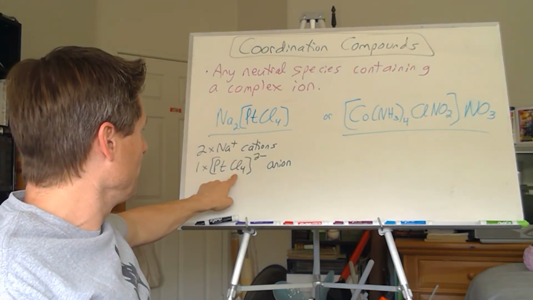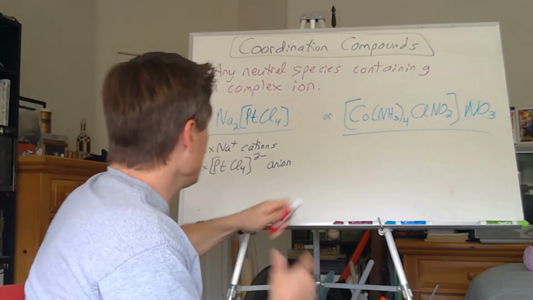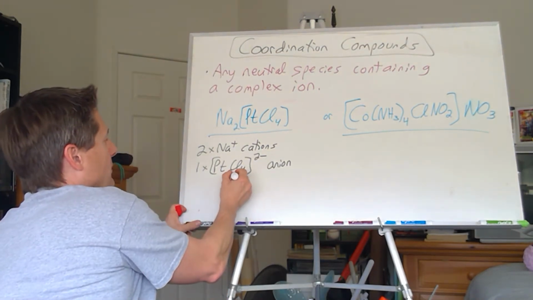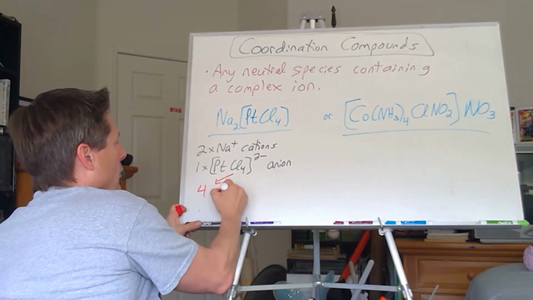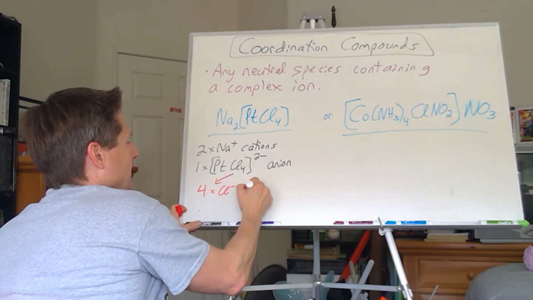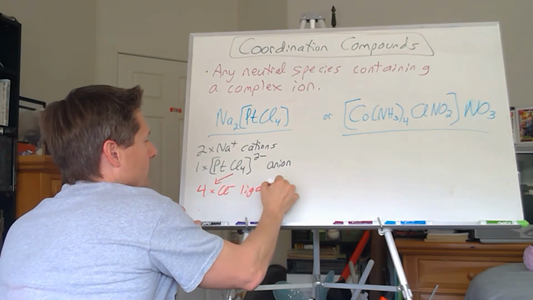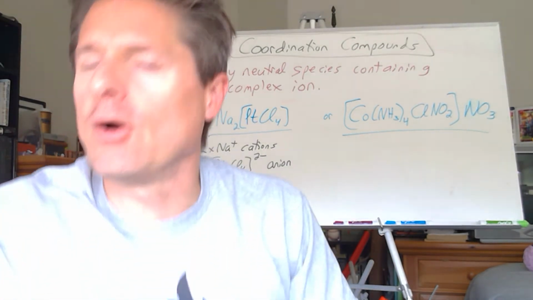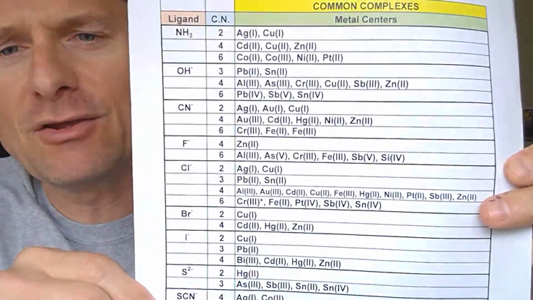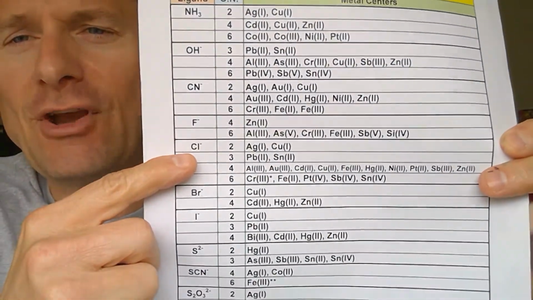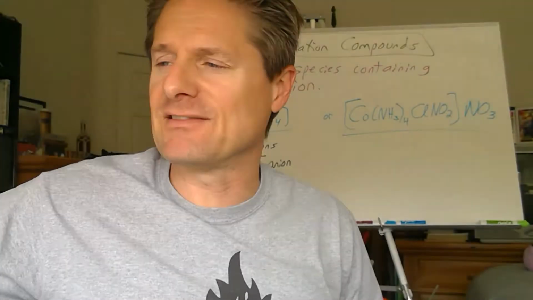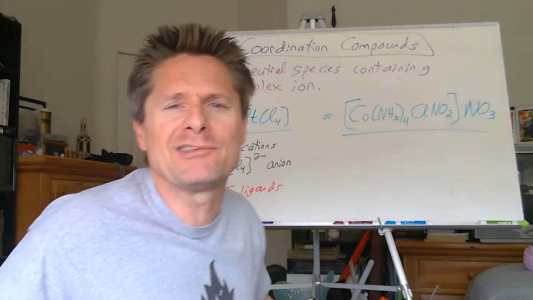Now we can break this. This is my complex ion. Let's take a look here. We've got, would everybody agree, 4 chloride ligands. And if you're not sure, you can always look on this table and see the charge on it, because I'll be giving you this on tests. But you should know the chloride's a -1.